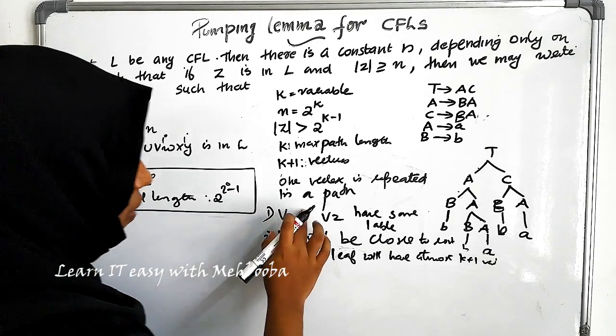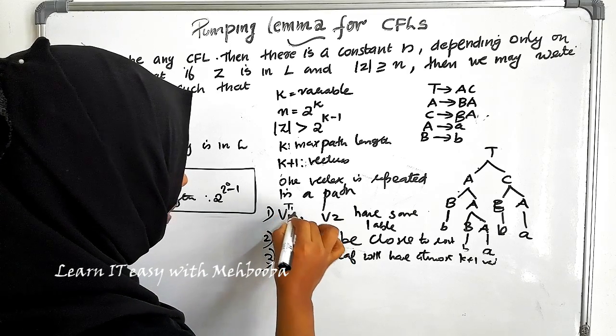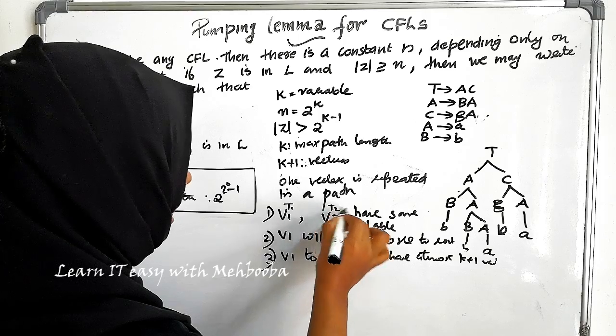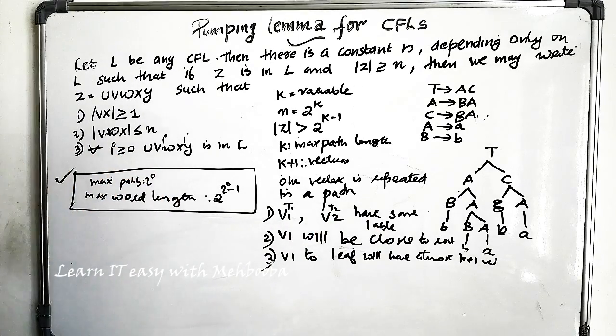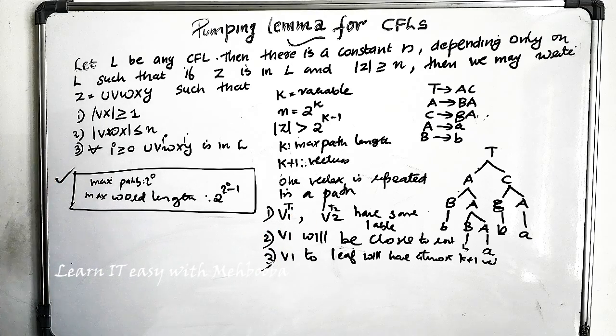So we have V1 and V2 with the same label. We say that the subtree T1 is rooted at V1 and the subtree T2 is rooted at V2. That is, some subtree T1 is rooted at V1 and some other subtree T2 is rooted at V2.